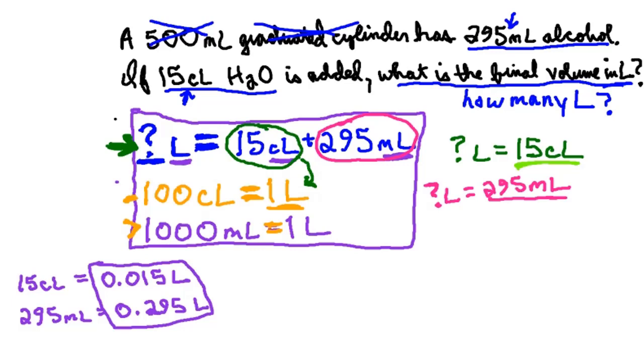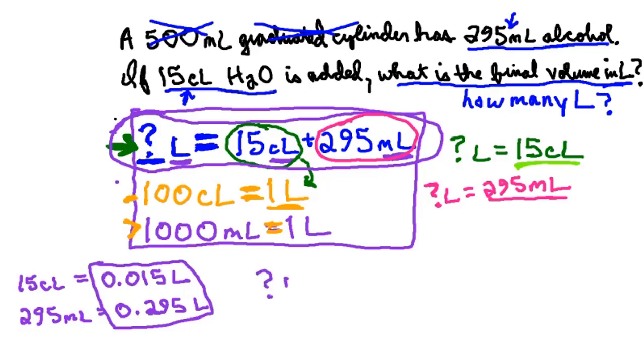So if we remember, you go back up to this question mark statement we had at the beginning. How many liters, question mark liters, equals 15 centiliters plus 295 milliliters? Well, now we can actually do that problem. How many liters equals, but we're not going to write down 15 centiliters, we're going to write down 0.015 liters plus, and we're not going to write down 295 milliliters, we're going to write down 0.295 liters.